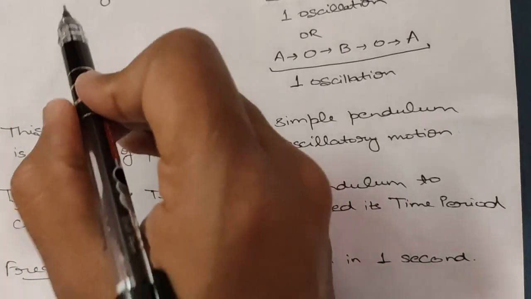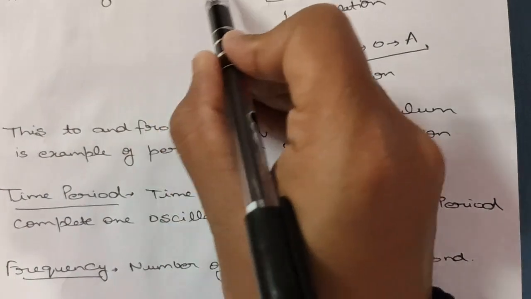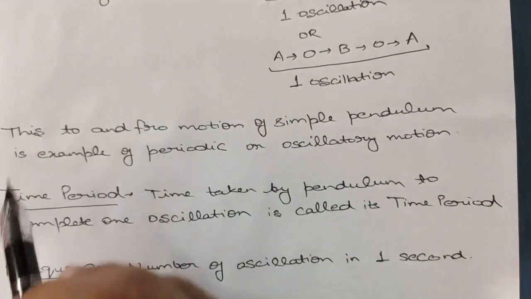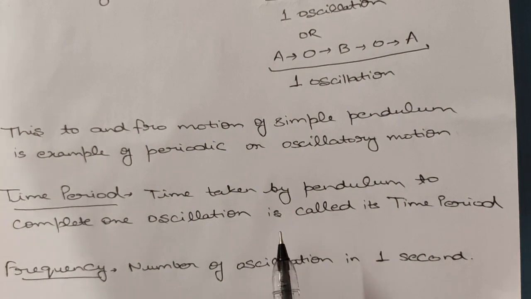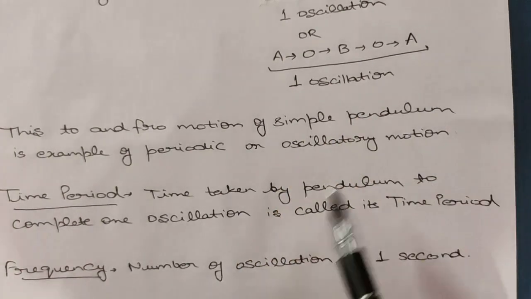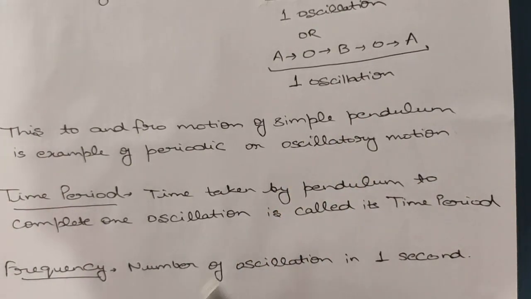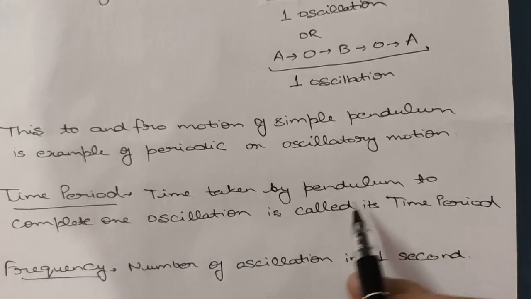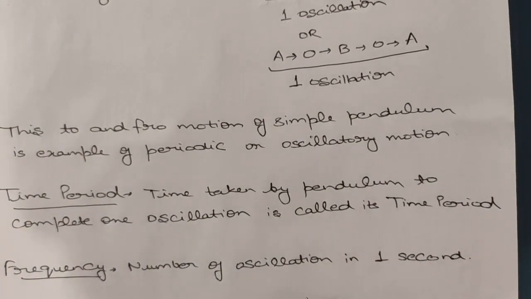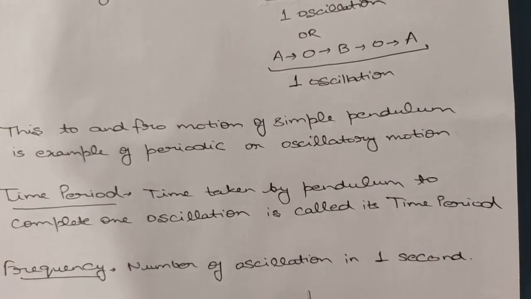For example, if the motion O to A to B to O takes 5 seconds, it means one oscillation is completing in 5 seconds. So the time period is 5 seconds. It need not always be more than 1 second; it can also be less. So again, the time taken by a pendulum to complete one oscillation is called the time period. One oscillation in how much time? That is the time period.